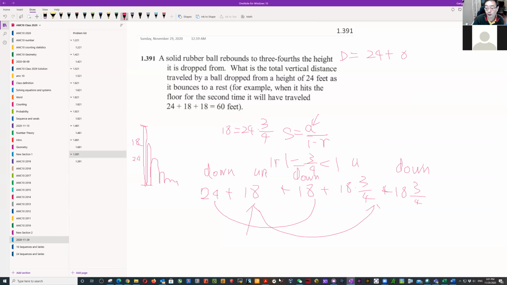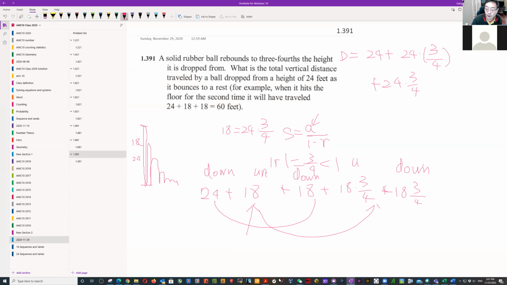I'm going to write 18 in a way that represents the geometric sequence relationship: 24 multiplied by 3/4, and then plus 24 multiplied by 3/4 squared.